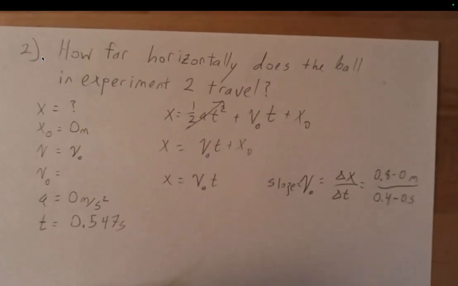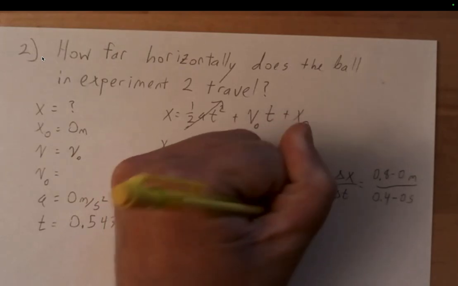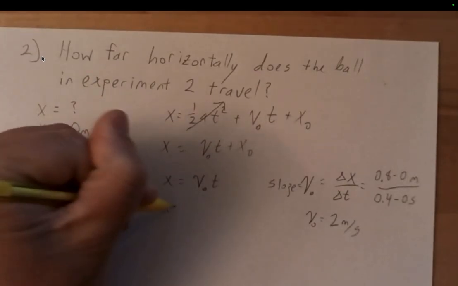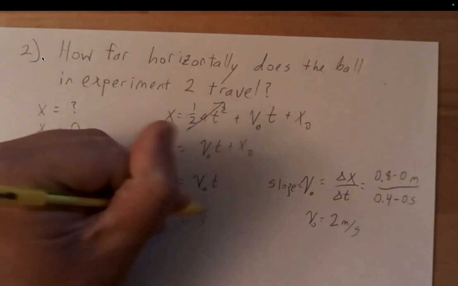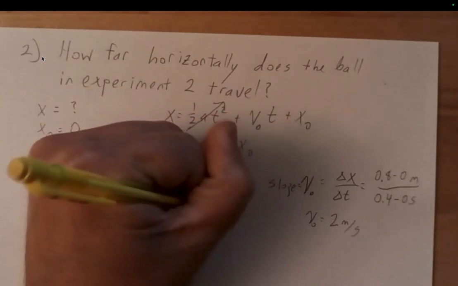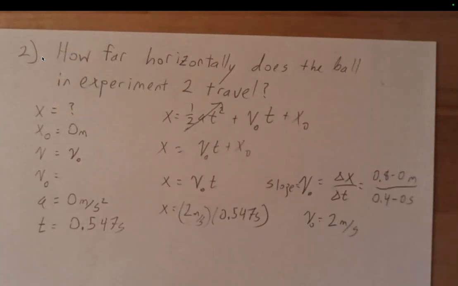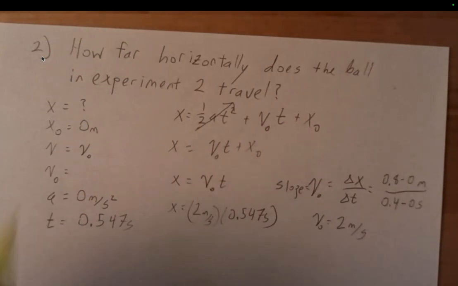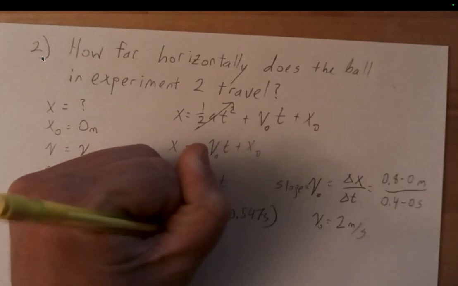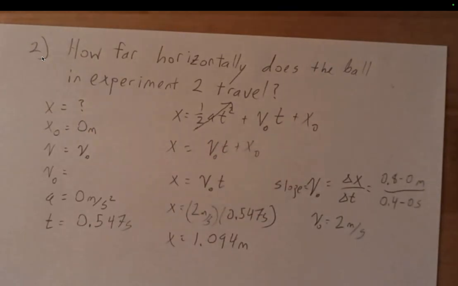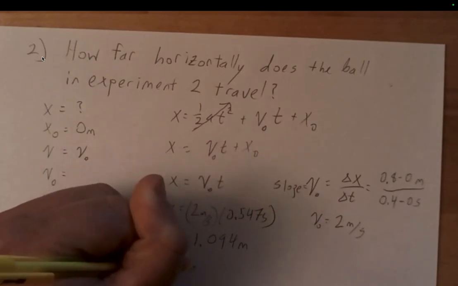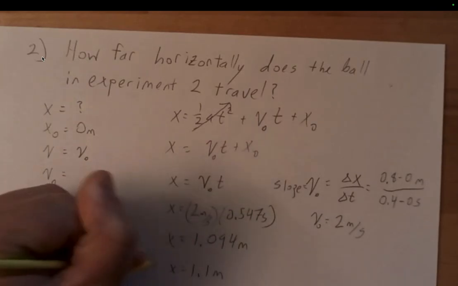That's the slope, giving me 2 meters per second. So then our x is 2 meters per second multiplied by that 0.547 seconds. So our x is 1.094 meters. If I put this to sig figs, probably close enough, but I would just go with 1.1 meters.